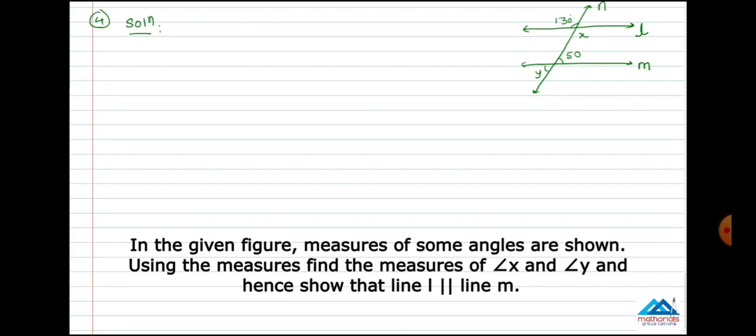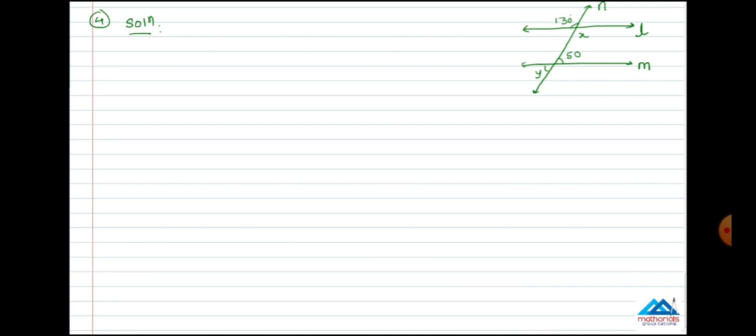Using the measures, find the measure of angle X and angle Y. So solution: here two lines are there, line L and line M, which are parallel to each other and given in the question only. ट्रांसवर्सल का नेम नहीं दिया था, तो we can put the name of transversal as N. So here two lines are there.